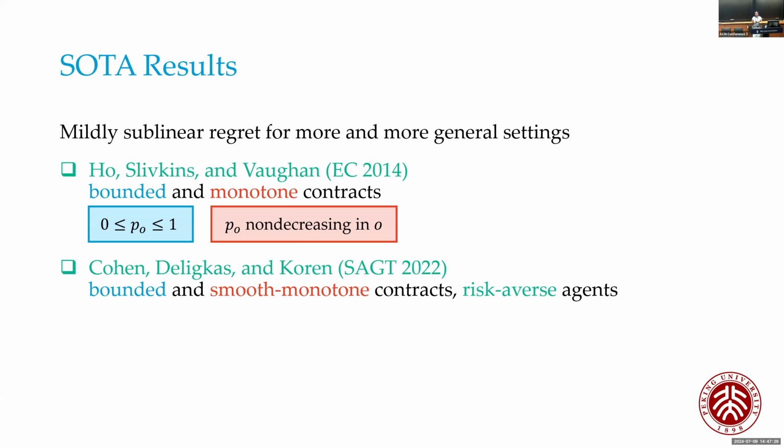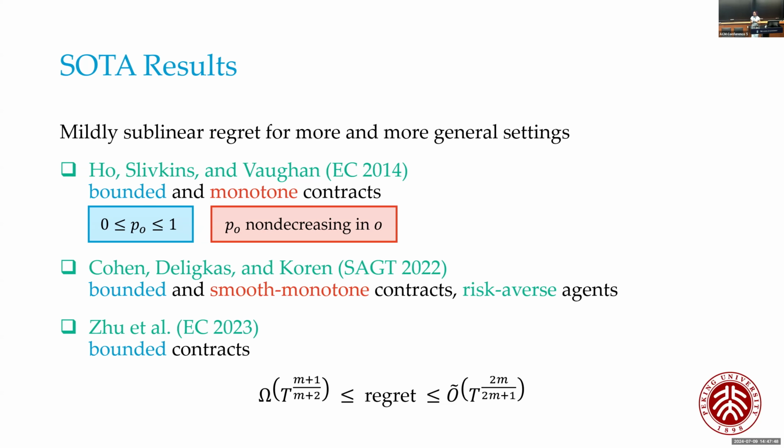And Cohen, Deligkas, and Koren focus on bounded and smooth monotone contracts, but they allow the agents to be risk averse. And last year, Zhao et al. focused on general bounded contracts, and they provide an online learning algorithm which has a regret that is tight up to log factors.